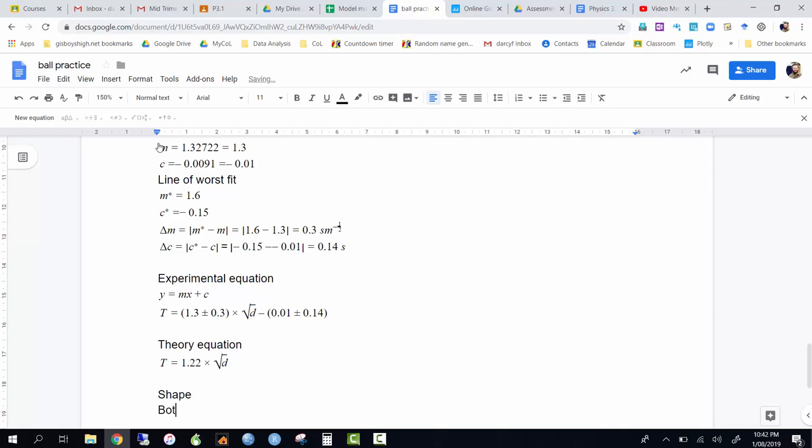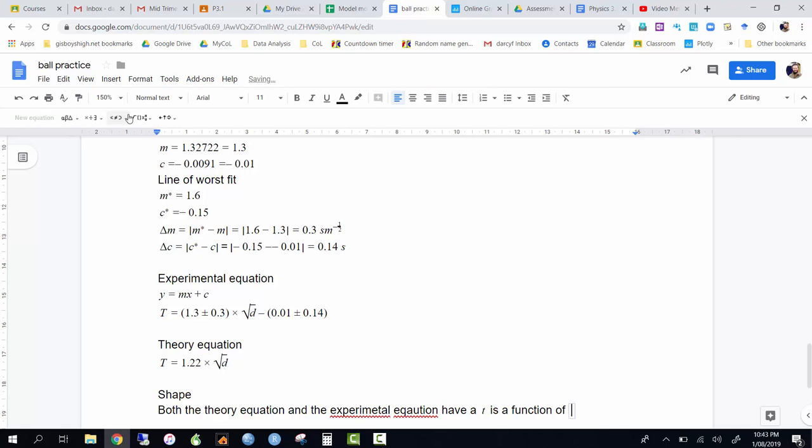So both the theory equation and the experimental equation have, and I like using the same font, t as a function of square root d form.